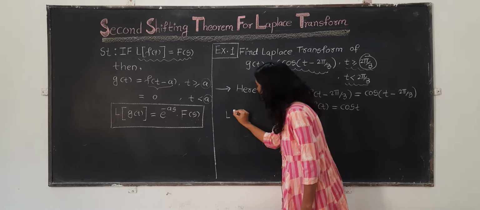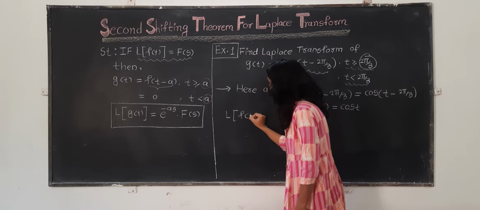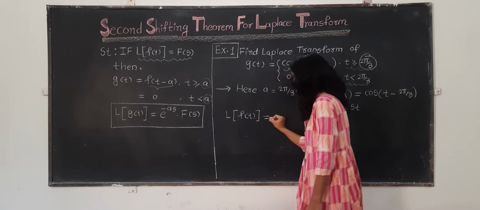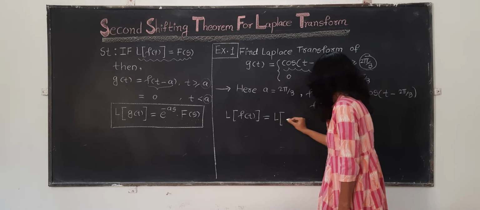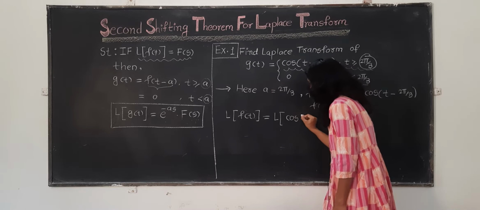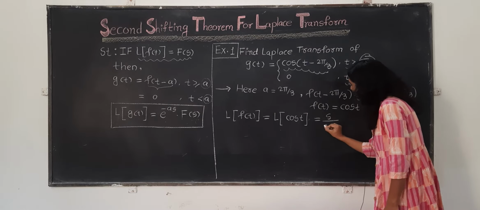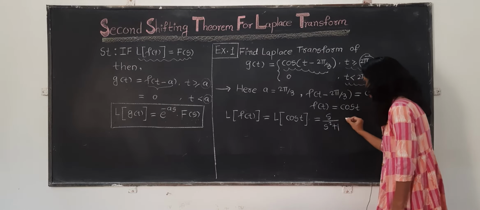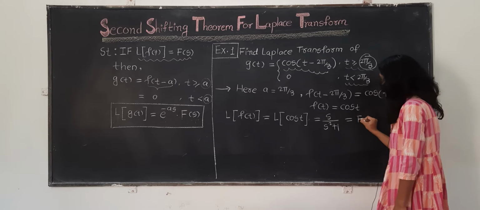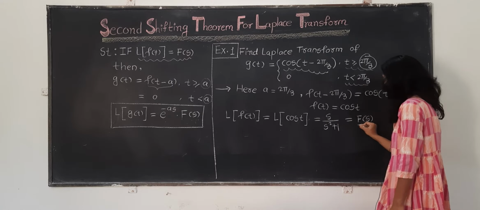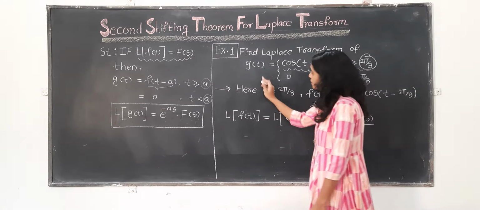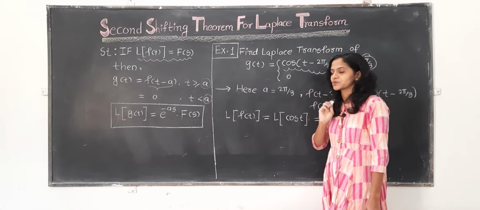So Laplace of this f(t), that means Laplace of cos t. What are we getting here? s upon s square plus 1. So Laplace of f(t) is nothing but F(s). The question is to find the Laplace of g(t).